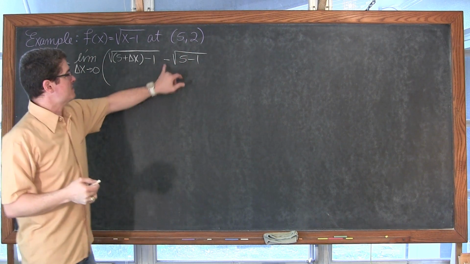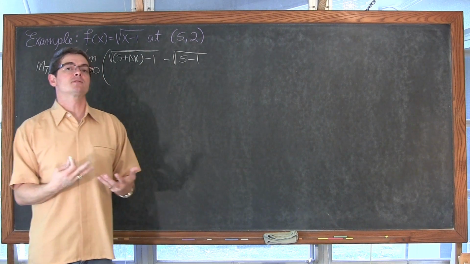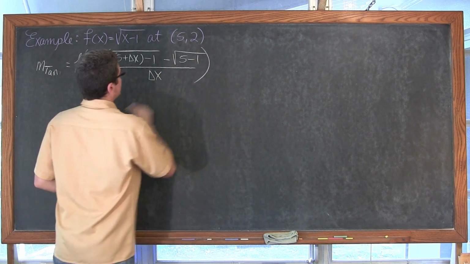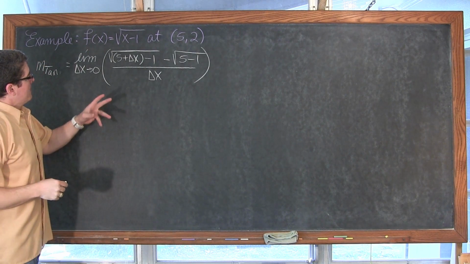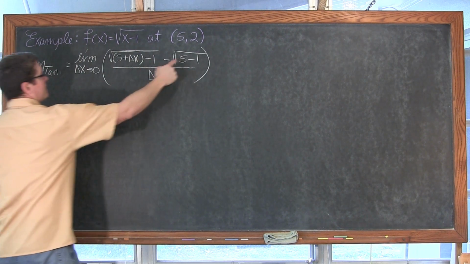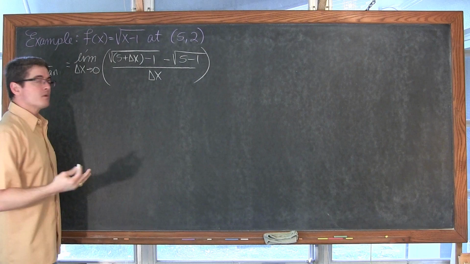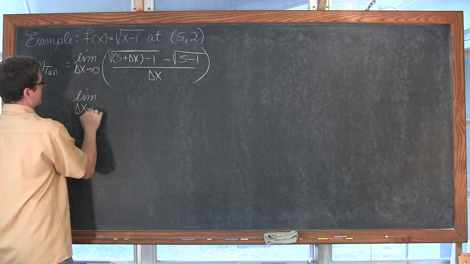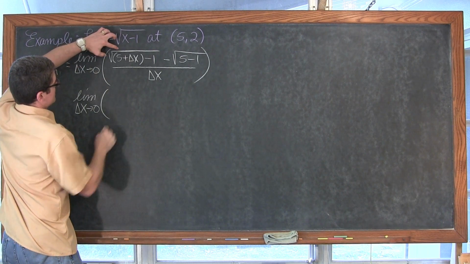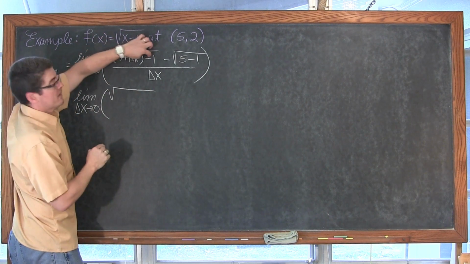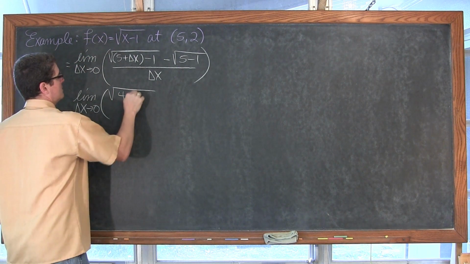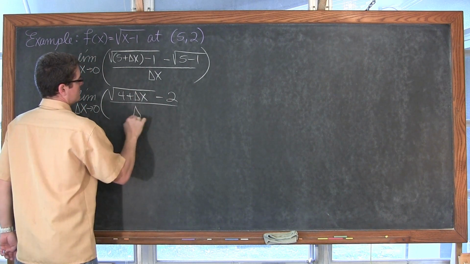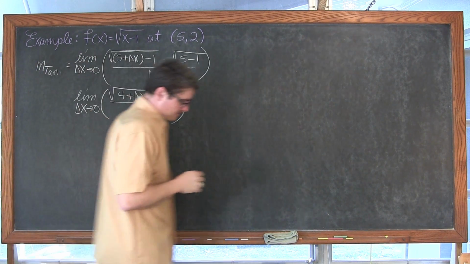I don't need to use parentheses again because the square root is actually going to act as a grouping symbol as well, over delta x. That's going to simplify to 5 minus 1, which is 4, and the square root of 4 is 2, so that's the limit as delta x approaches 0 of the square root of 5 minus 1, which is 4, minus 2, over delta x.